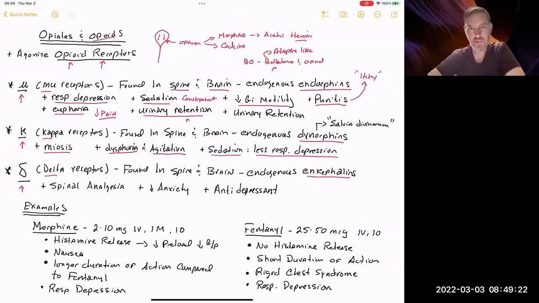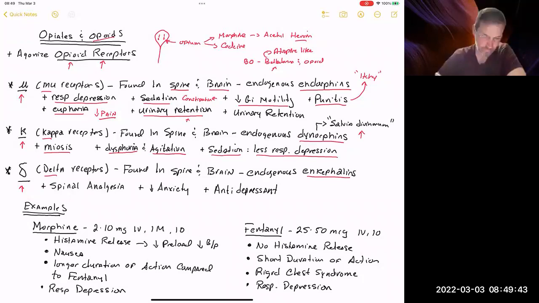And then there is actually a drug that comes from a plant called Salvia divinorum. And this drug, typically smoked, has high affinity for kappa receptors.